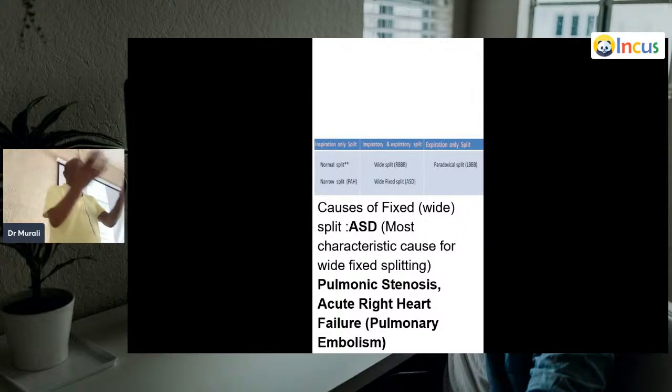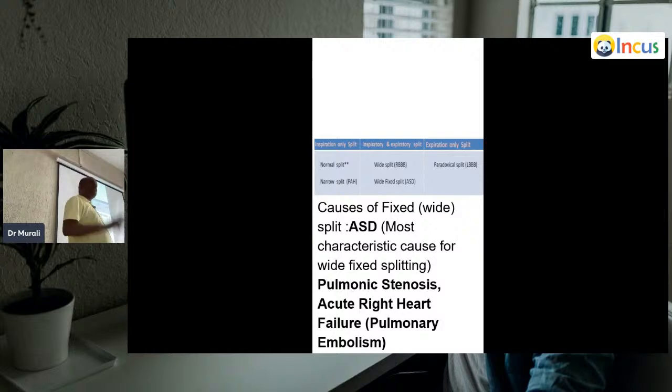It has sent through ASD all that extra blood into right atrium already. Already my pressures are high. Where will I take some extra blood from you? Just because you have done an inspiration, negative thoracic pressure and want to bring more blood, I'm not ready to take. So that is the reason there is a wide split.